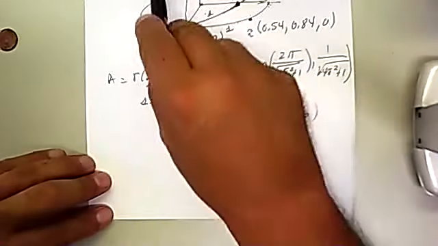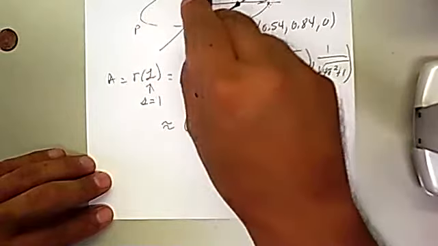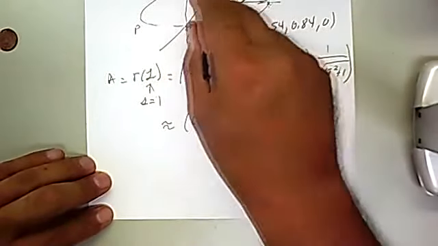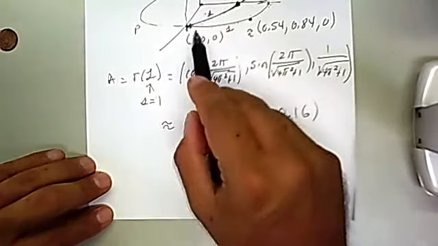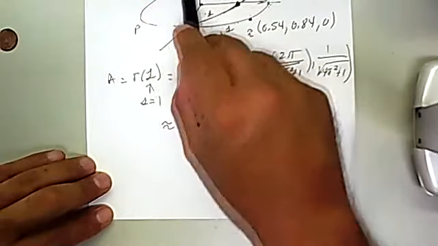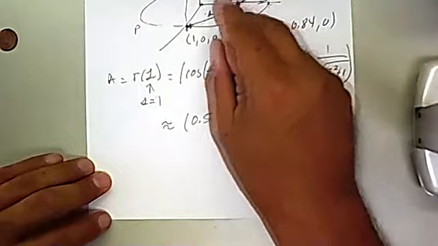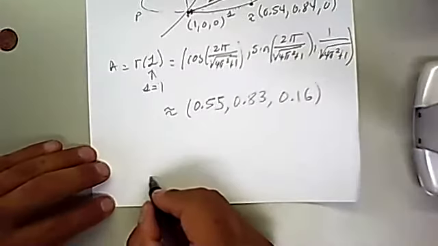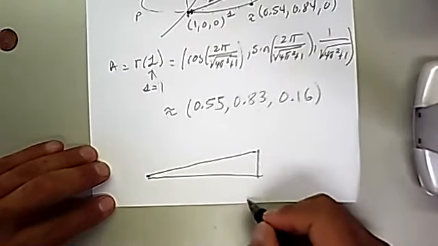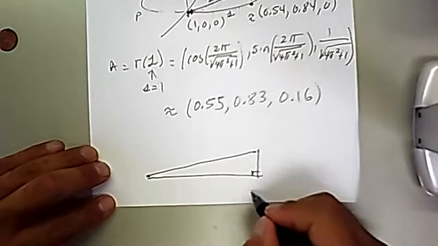If you unwrap this helix, start here, it climbs up to there. The slope is sort of the same, a uniform slope as we move. If you unwrap the helix, you actually end up with a triangle. It's very interesting.